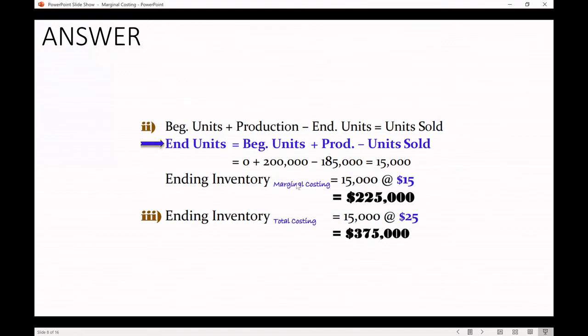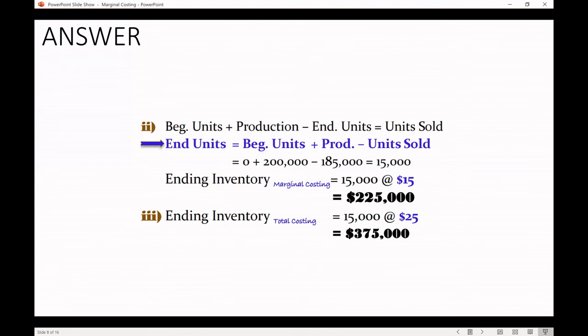Looking at it from marginal costing, it's the 15,000 goggles times what's marginal costing per unit? It's $15, because marginal costing only assigns the variable manufacturing costs. In the previous part of the question, when we calculated total manufacturing cost, it was the 15 for variable and the 10 for fixed. In marginal costing, we're only taking the variable portion, which is 15. So our ending inventory on marginal costing is 225,000.